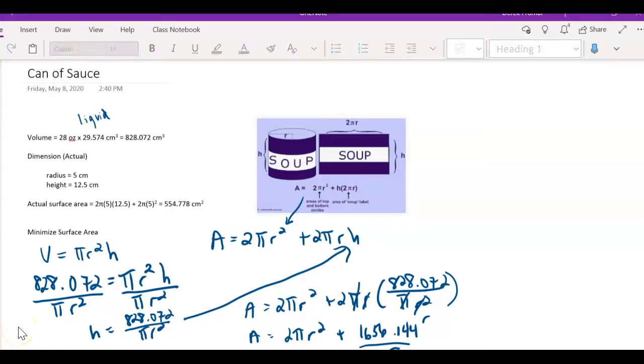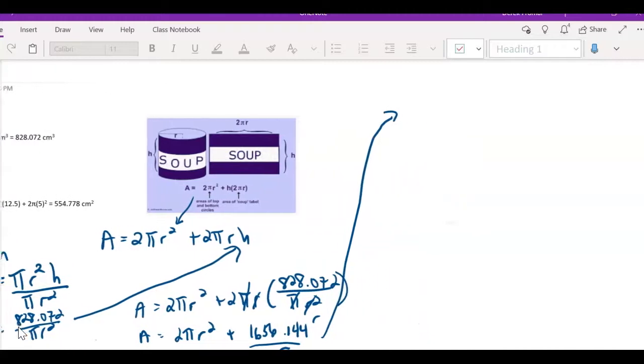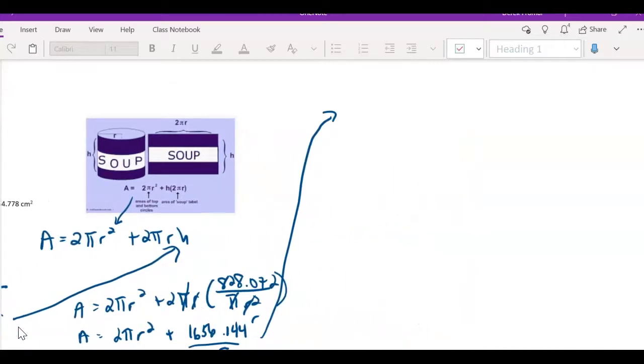So that means I need to find its derivative. The derivative is going to be 2 pi times the derivative of r squared plus that number times the derivative of r to the negative first.